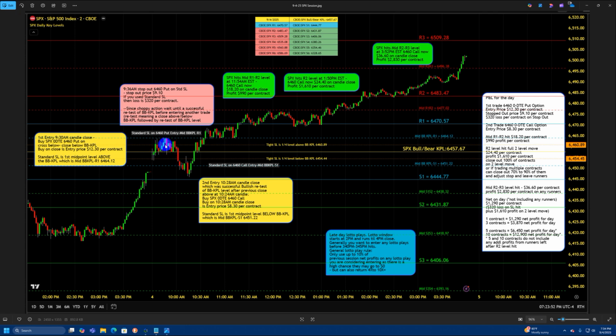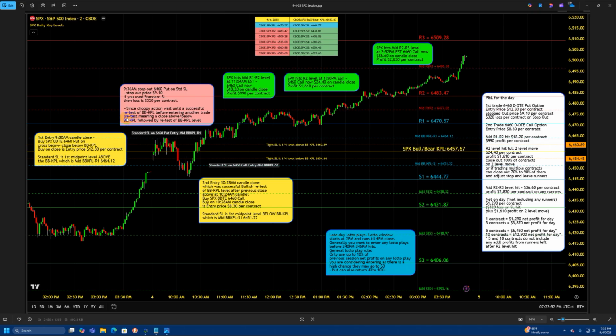Okay, as you can see here, after the stop out, we have choppy action. So we have a lot of candles that just formed between this midpoint level here and the BBKPL. So when you see something like this happen when utilizing this indicator, after you've taken a loss, especially where you got stopped out, since we have choppy action, you wait until a successful retest of the BBKPL before entering another trade.